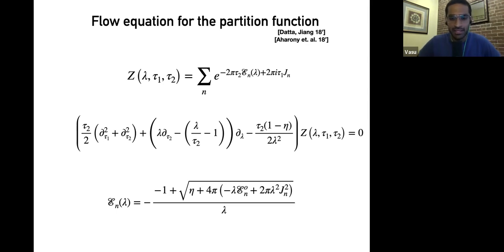When I said that there's an extreme value of lambda, the largest value of lambda, which corresponds to this time-like surface hugging the horizon, it's the value of lambda where the square root vanishes. And beyond that, there are seemingly complex energy levels.